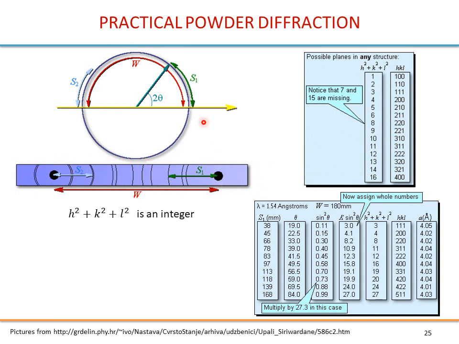So this is S1, this point will be that one, and you can measure the distance from that point to the point where you have some constructive interference. So by measuring this you can measure your theta, and you can make a table: your distance, the theta you find, then you calculate sine square theta.